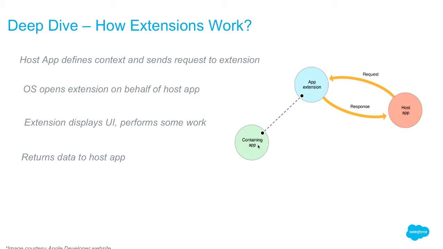So for example, if I am in the Photos app, and then I bring up the action sheet, then the host app for me is Photos, and the containing app is something which I have built along with my extension. So the way it works is that the host app sends a request to my extension. The extension interacts with the containing app, gets whatever data it needs, and it responds back to the host application.